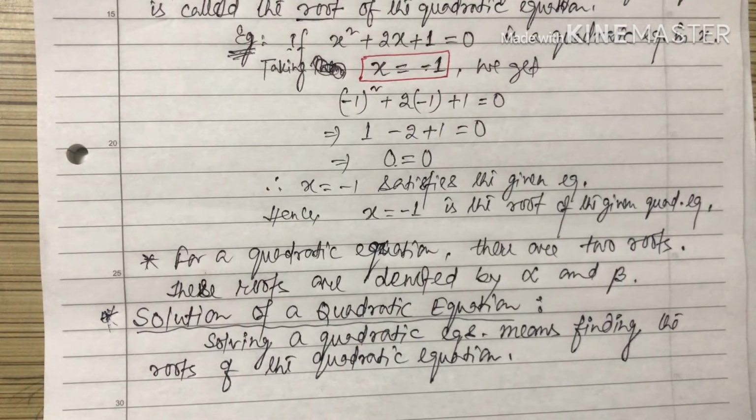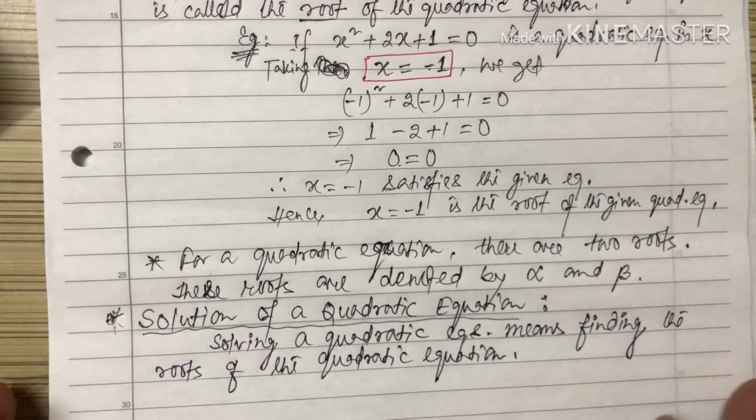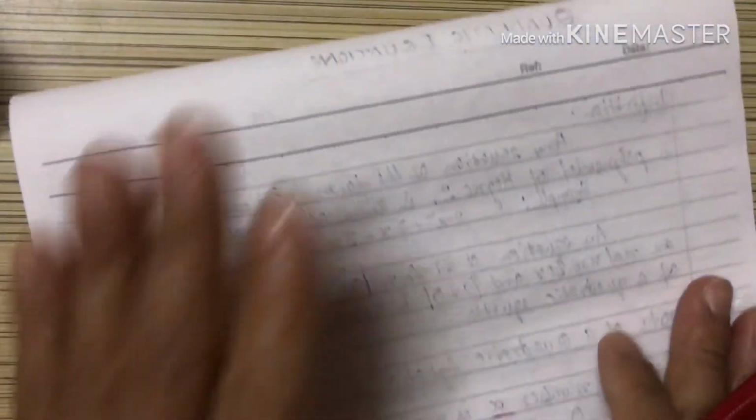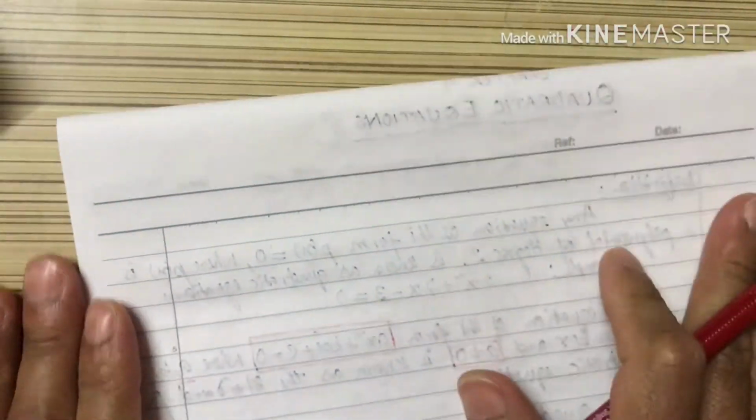Now let's see quickly some examples regarding this quadratic equation. Examples means how to check whether the given equation is quadratic or not.